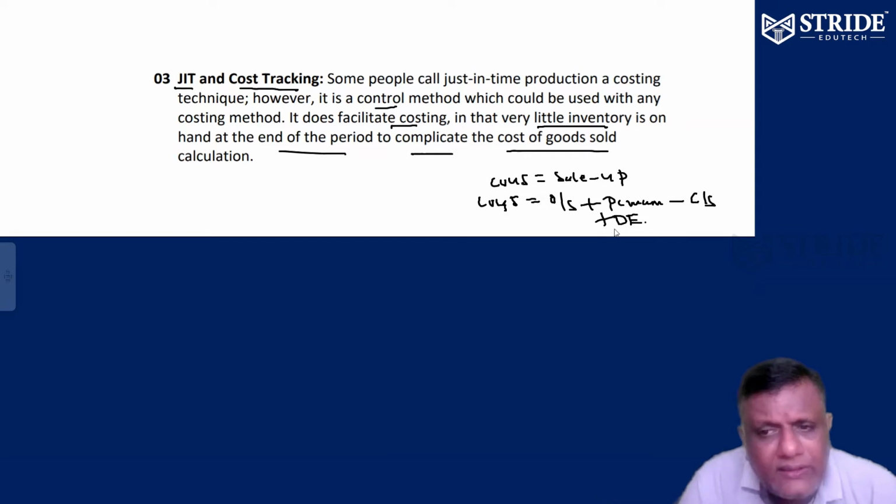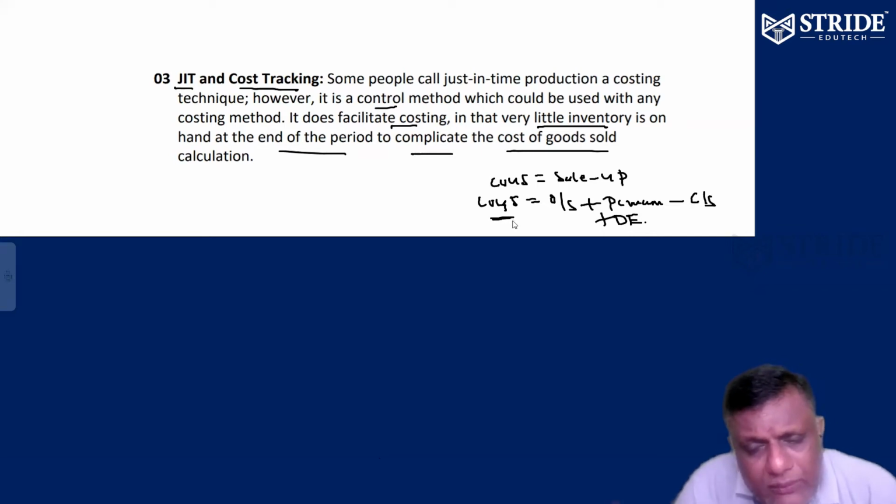That's it. So opening stock plus purchases plus direct expenses minus closing stock equals the cost of goods sold of the product. Either sales minus gross profit, or opening stock plus purchases minus closing stock plus direct expenses. You can do that also.